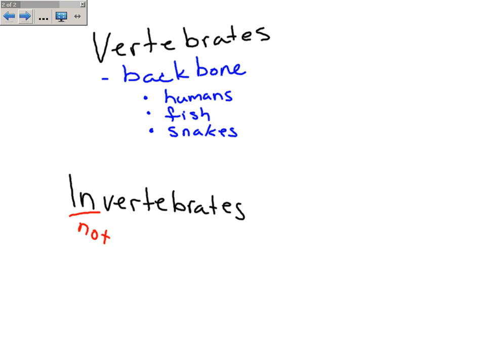Invertebrates are animals that do not have a backbone. Not backbone.